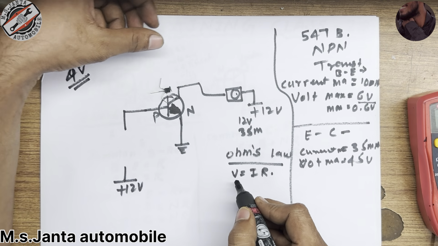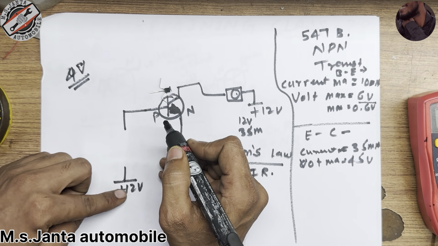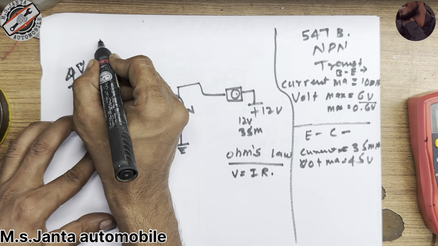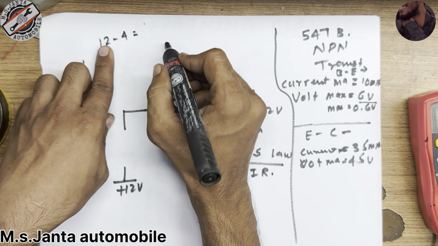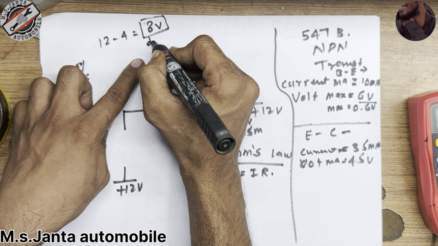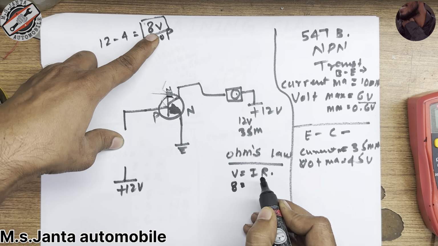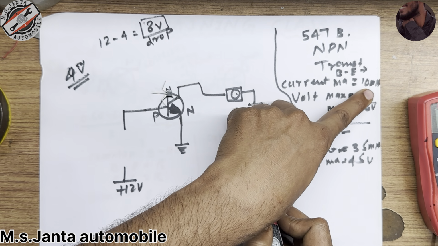Okay, now we need 4 voltage, but we have 12 voltage. So how many voltage do we have to drop? 12 minus 4 means 8. So we have to drop 8 voltage. We have max current 10 milliampere.